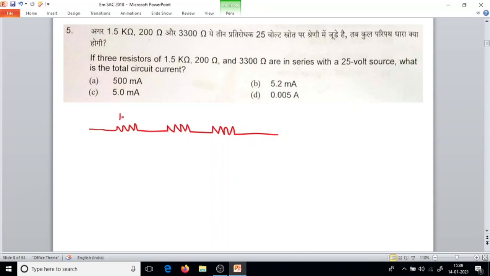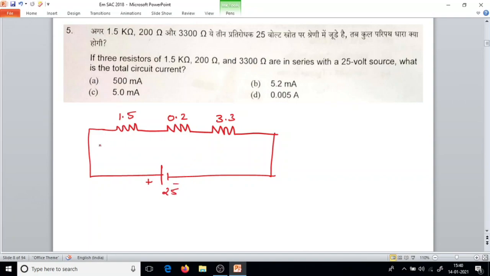It is 1.5 kilo ohm. Then 200 ohm, which I will make 0.2 kilo ohm. Another one is 3300, which I will make 3.3 kilo ohm. These three resistors are connected in series with a voltage source, that is 25 volt.